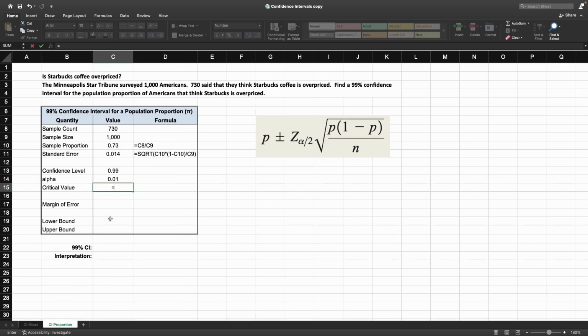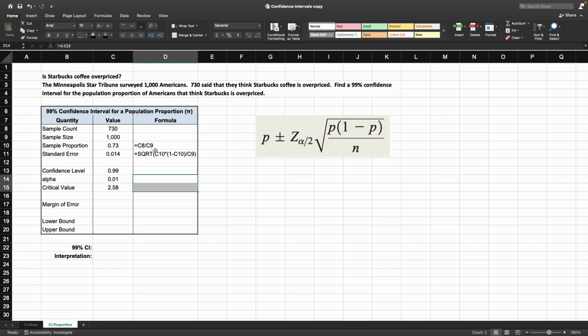So let's do equals. Now it's called norm.s.inverse, open parenthesis, 1 minus alpha divided by 2, close parenthesis, enter.